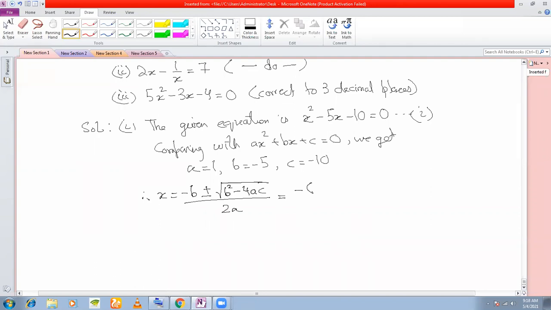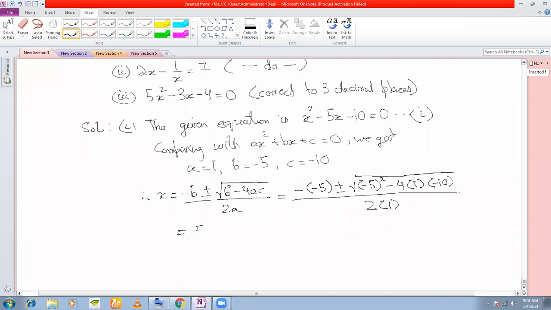So minus minus 5 plus or minus 5 square minus 4 into a into c, which is minus 10, divided by 2 into 1.